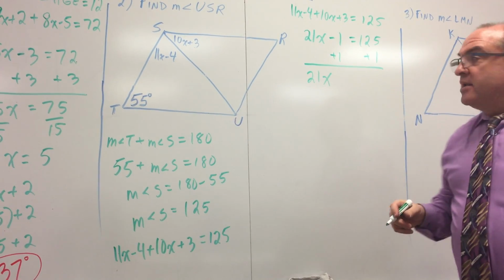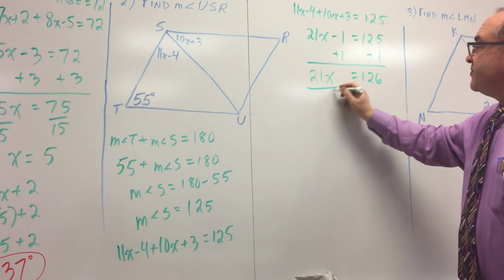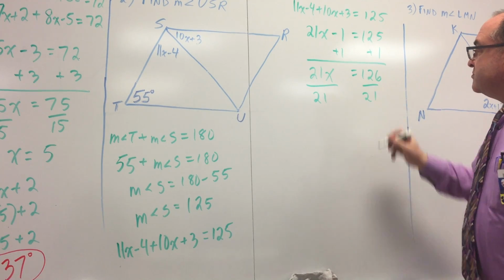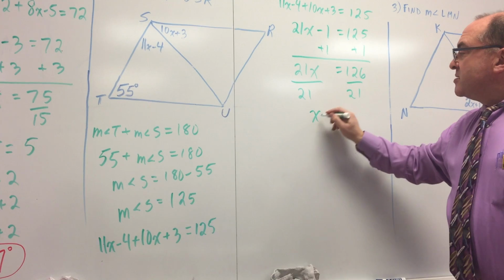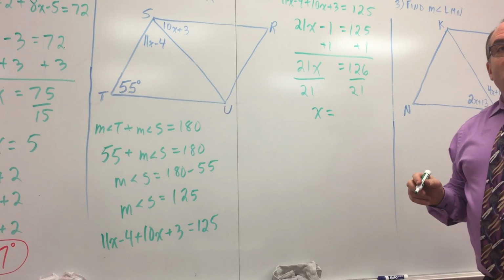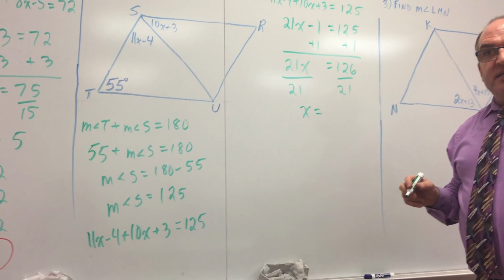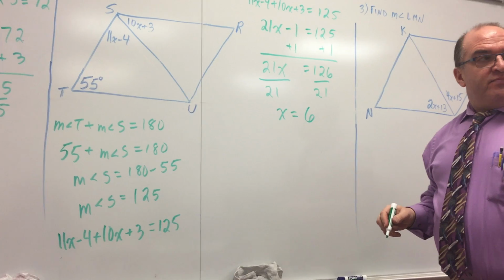That's right. 21x equals 126. Divide by 21. Okay? 126 divided by 21 is 6. Okay?